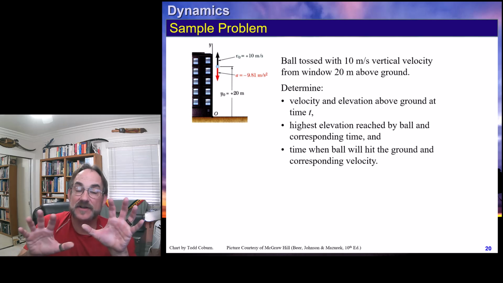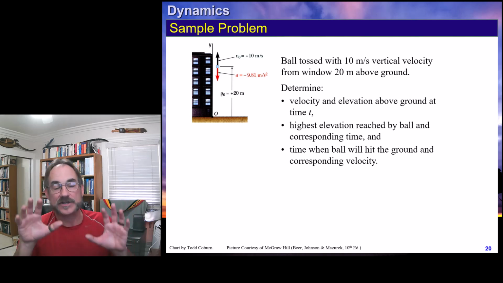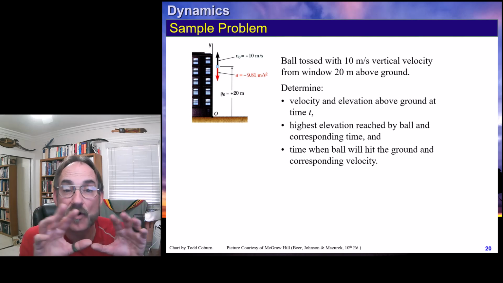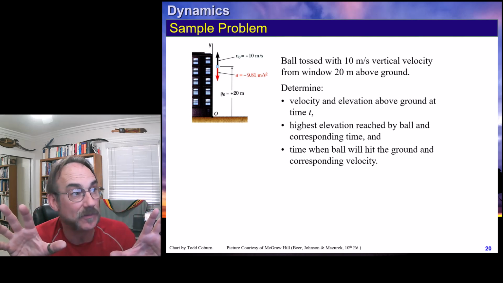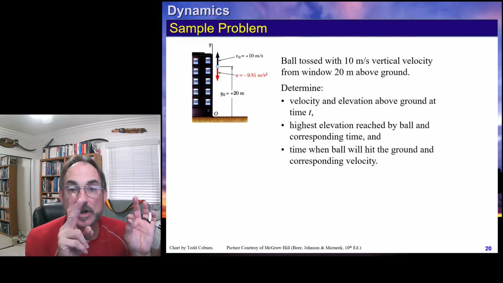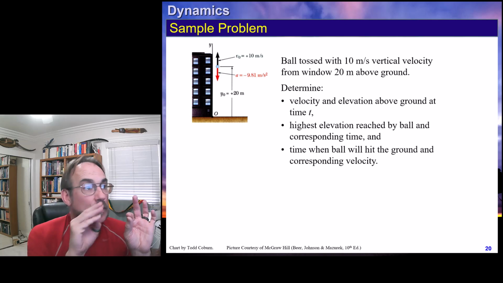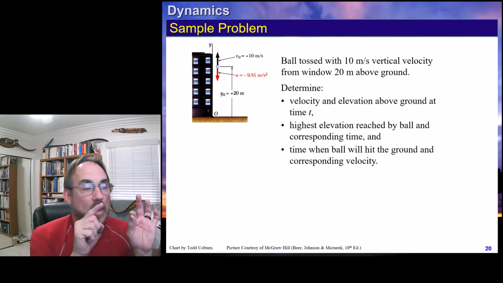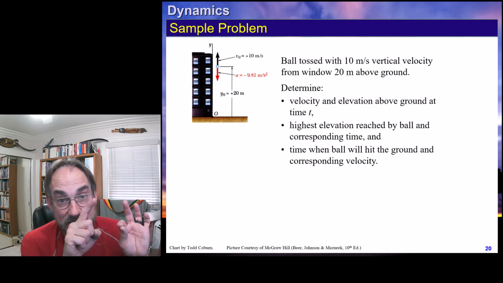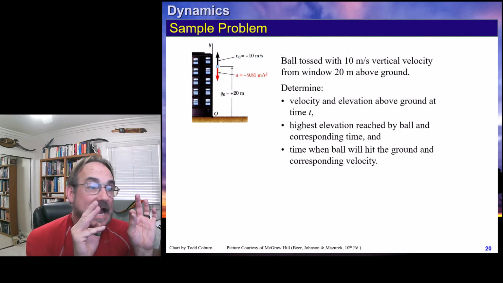So those pieces of information. The hard part of this problem is learning the ability to recognize all the myriad pieces of information. We have 3 positions. 2 of them are known, 1's unknown. We have 3 velocities. 2 are known, the initial and the top one. We have 3 accelerations, all known. Okay?